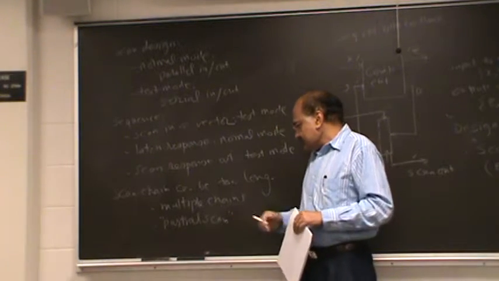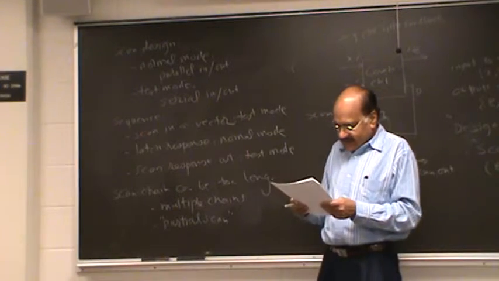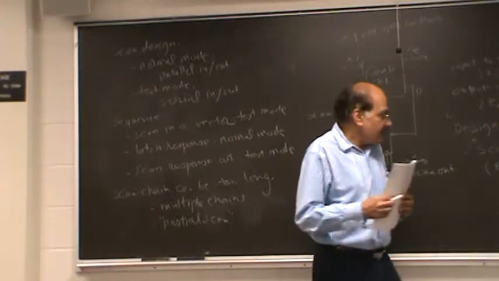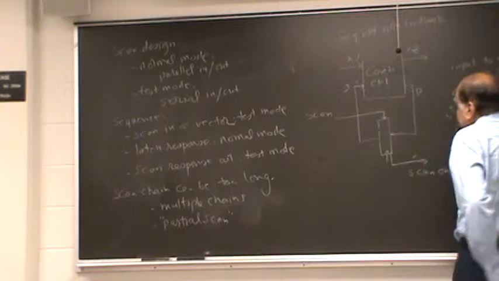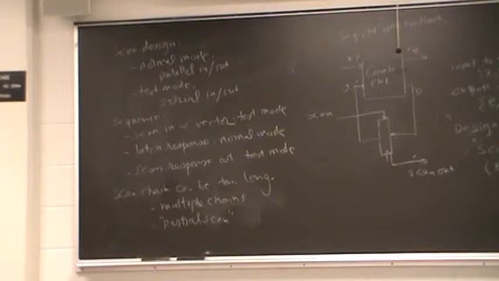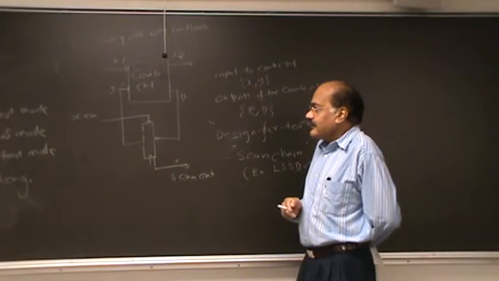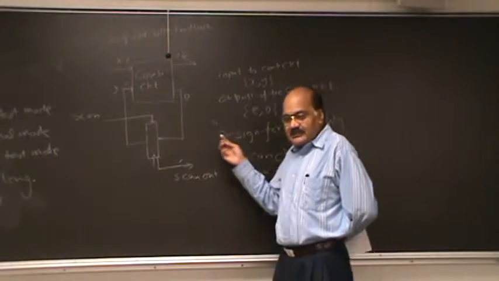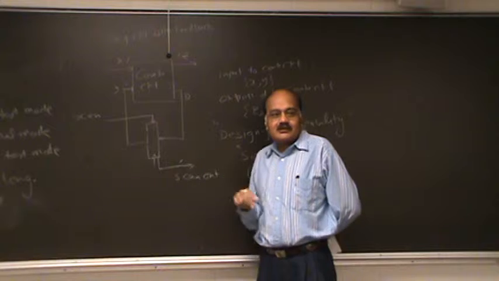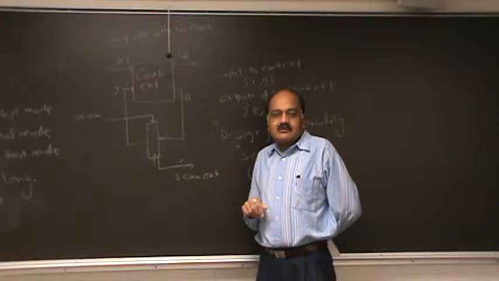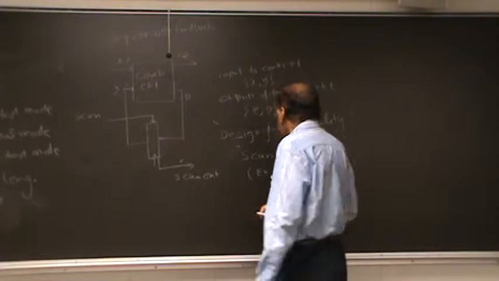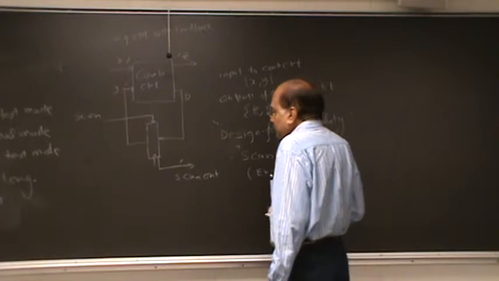So this is termed partial scan. Now this is about hardware of course, so this is a very popular approach, and there are several variations of scan technique, and there's a variation of scan which is called boundary scan.